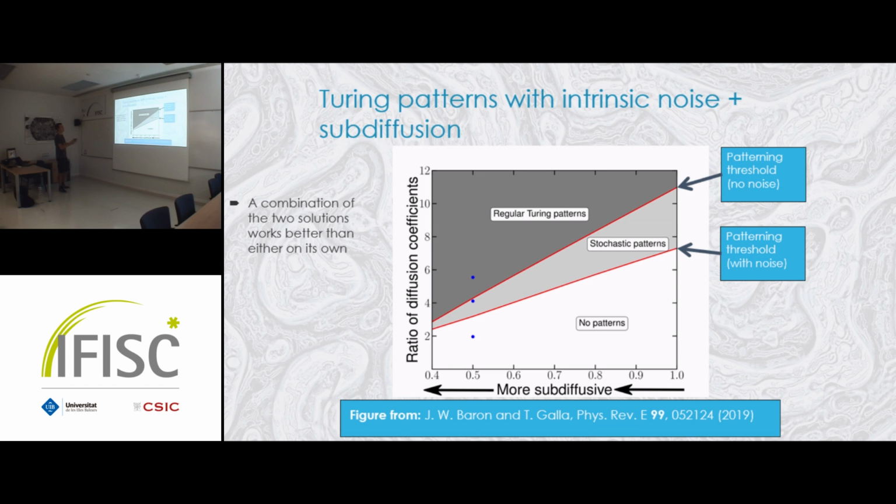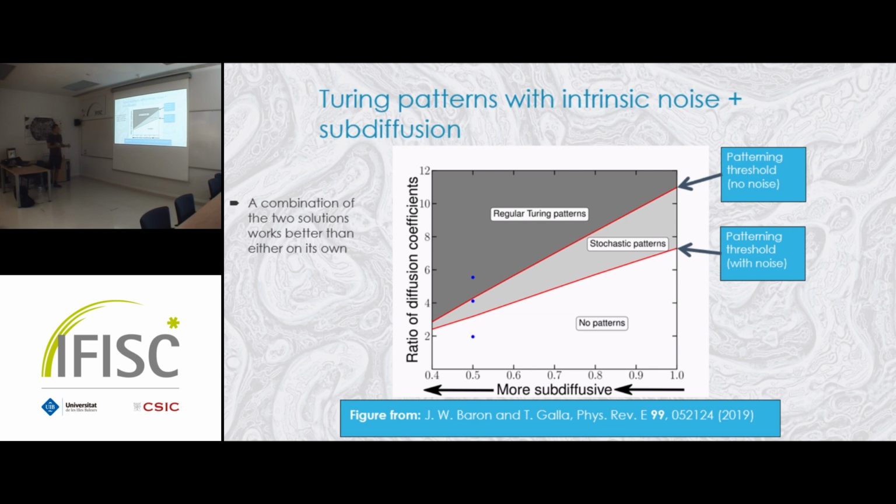As we increase the subdiffusion, the ratio of the diffusion coefficients is reduced, so this is mitigating the problem. As we take into account intrinsic noise, we get these stochastic patterns forming, and this reduces the threshold of pattern formation even further.